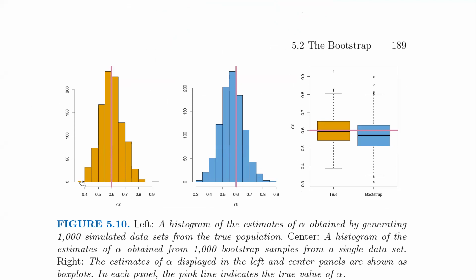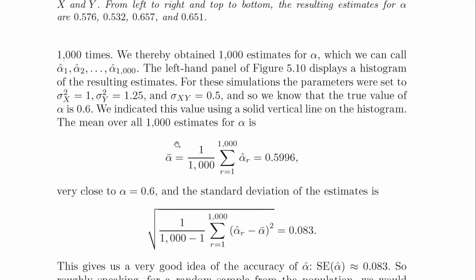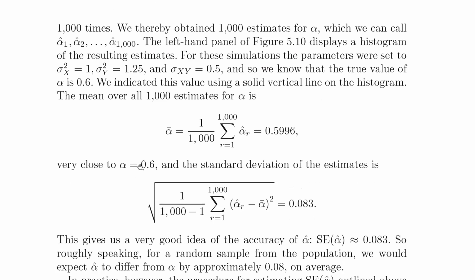Now, we're going to have to distinguish between the orange and blue. The mean over all 1,000 estimates for alpha is 0.5996. Very close to alpha equals 0.6.